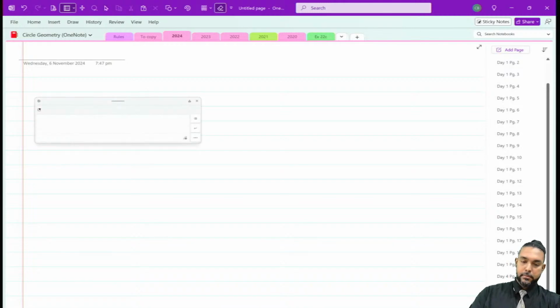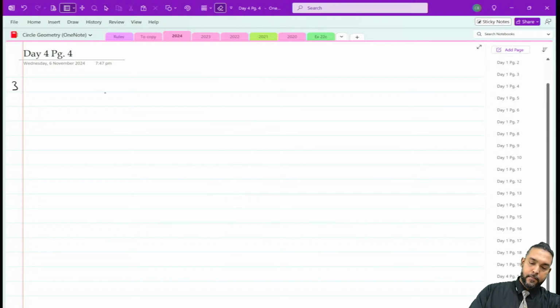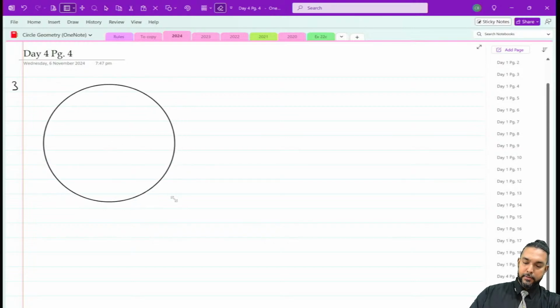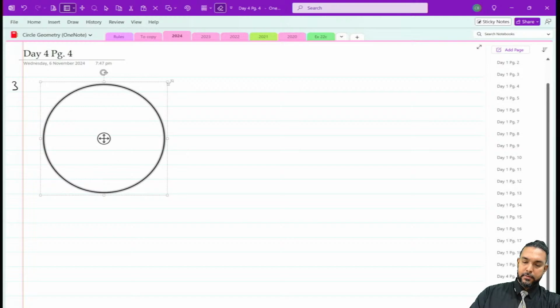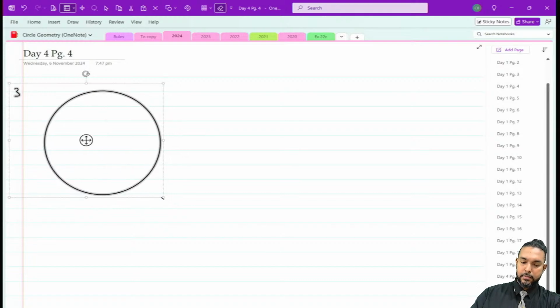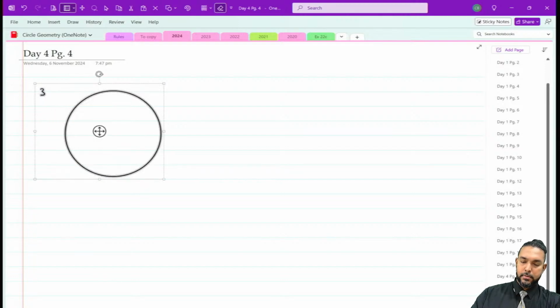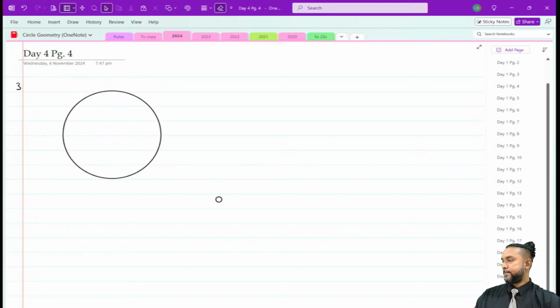A4 page 4. So we will, okay, so let's go.